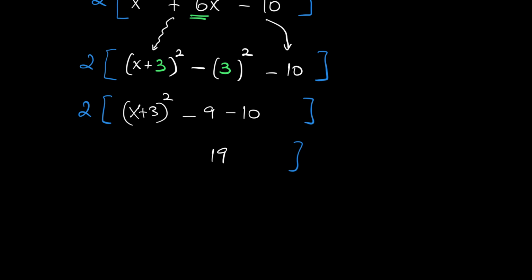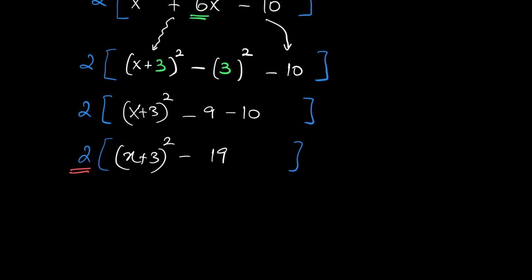And eventually, now be very careful, beta ye 2 is outside the blue bracket, and both of these terms are inside the blue bracket, which means this 2 needs to get multiplied with this bracket as well as with the negative 19.